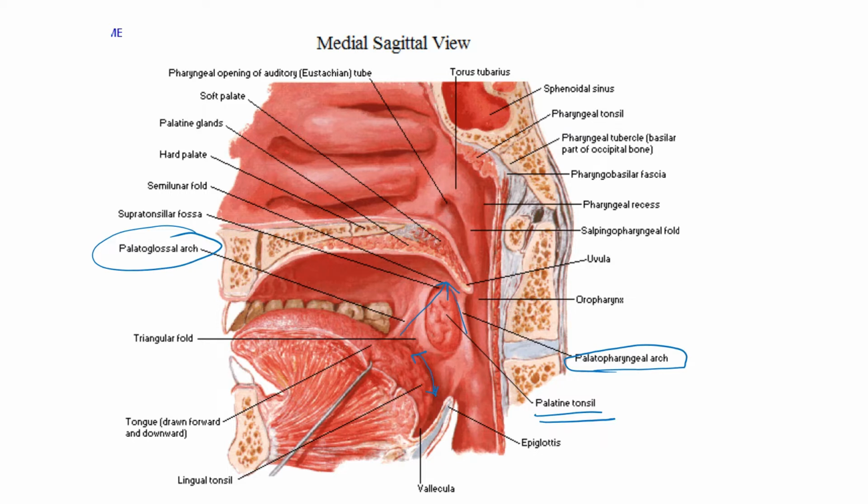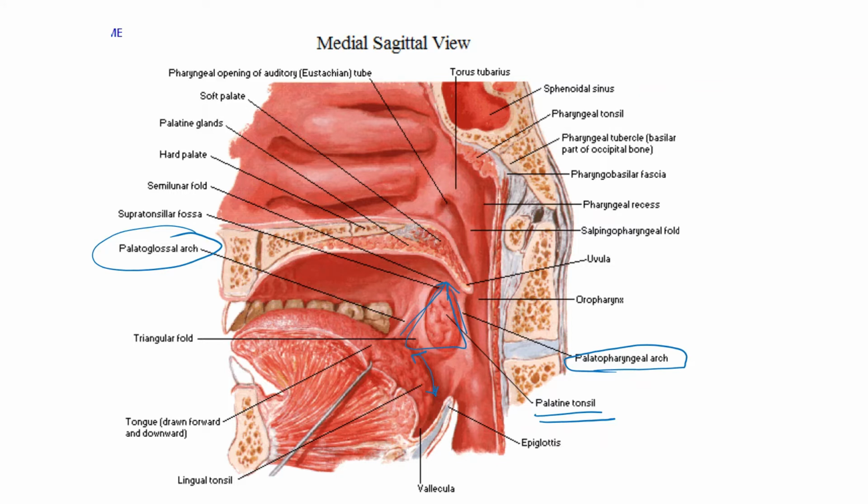So this is the tonsillar fossa, which contains the palatine tonsils. This makes up the lateral wall of the oropharynx.